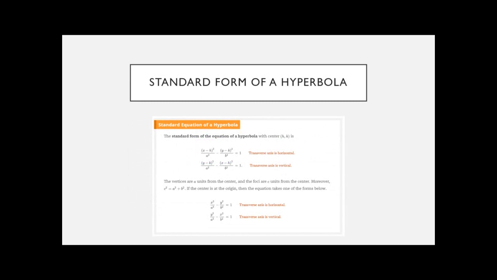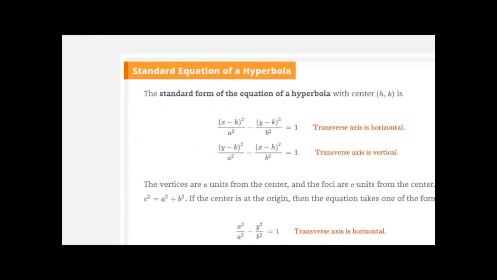So this is directly from the textbook, just the equations of the hyperbola with center (h, k). It's very, very similar to an ellipse, where you basically have an (x minus h) squared over a squared. The difference is that it's a subtraction versus the (y minus k) squared over b squared.